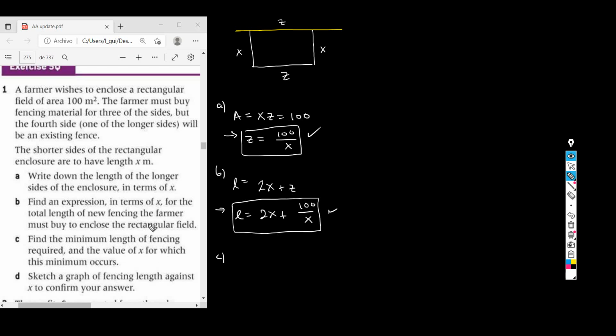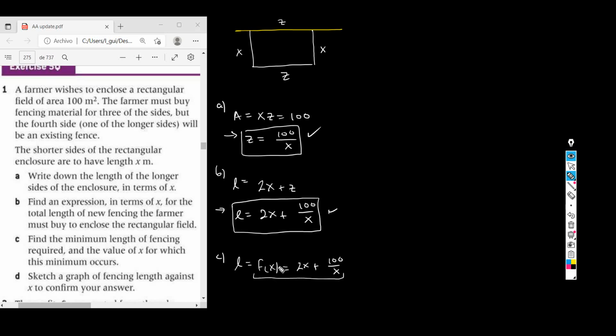All right, so here's where the calculus starts to do its work, right? So you know that L is a function of x, and so I want to do this, guys. I want to say that L is a function f of x, and that function is 2x plus 100 over x. So we have this function, right?